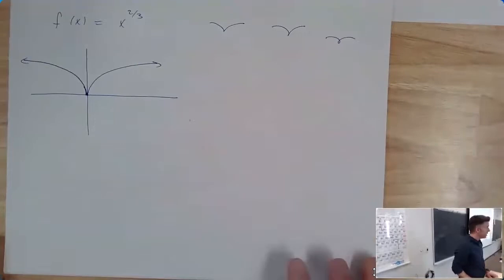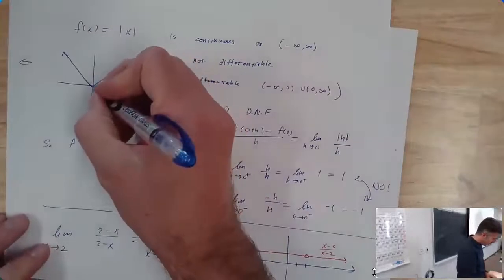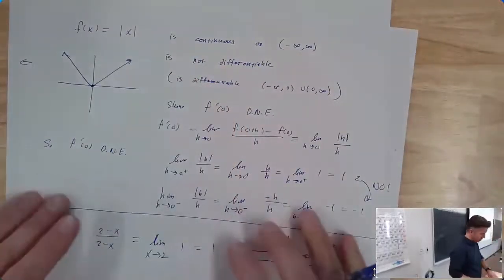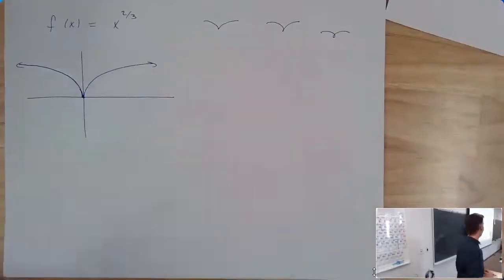And just looking at the graph of it, it's looking pretty pointy at the origin. What I would say is this previous function has what's called a corner at the origin. This function here has what's called a cusp at the origin. But either way, whether it's a cusp or a corner, it's a pointy point. And pointy points are not differentiable. I know, right? Pointy points.